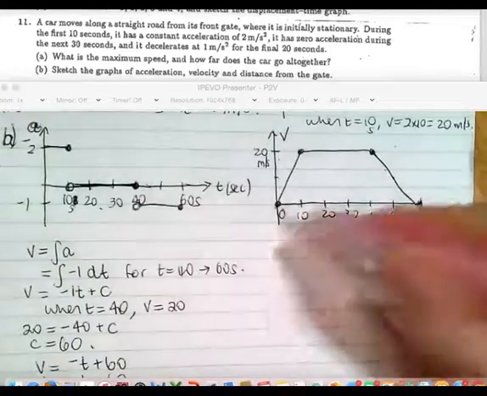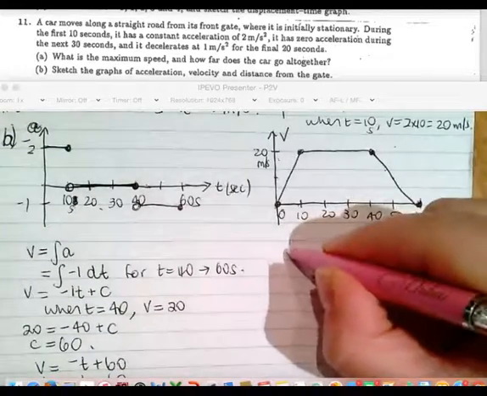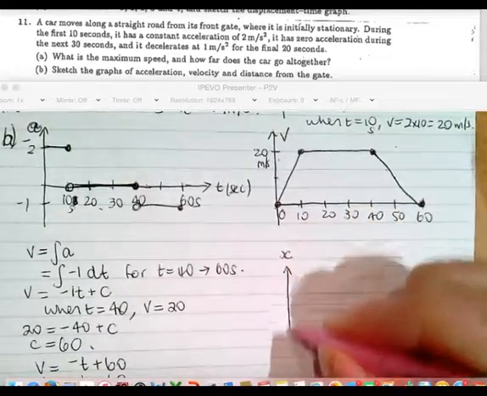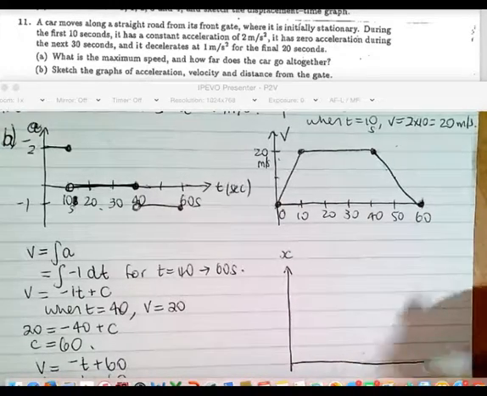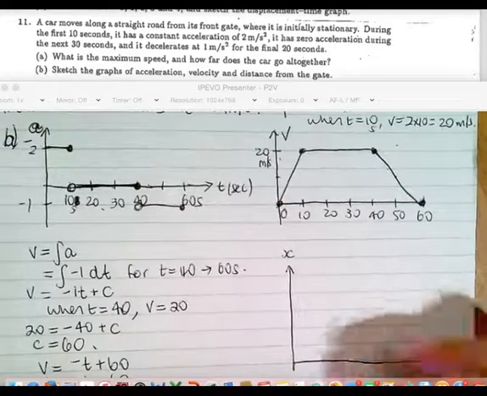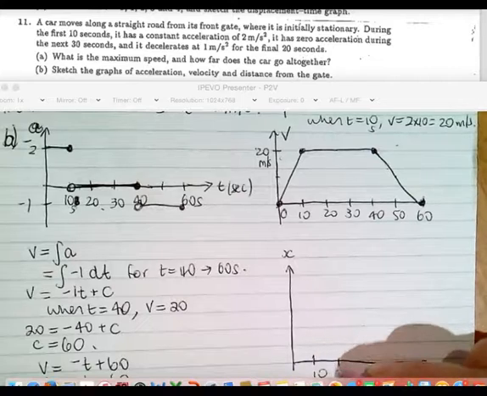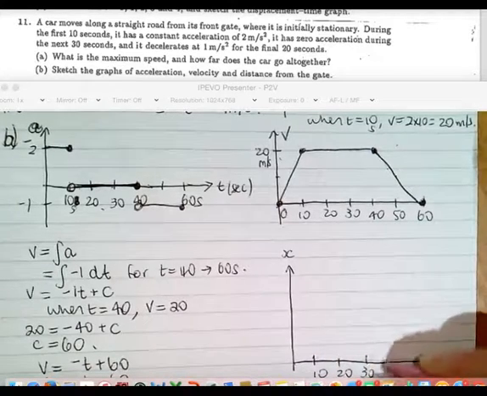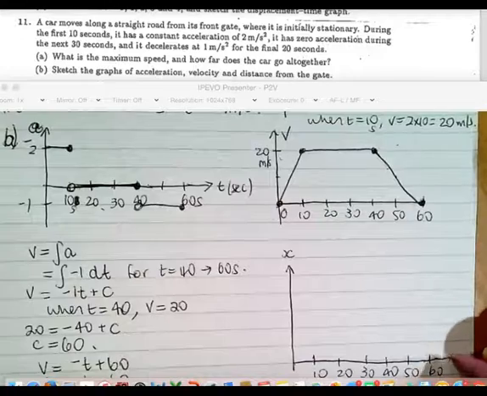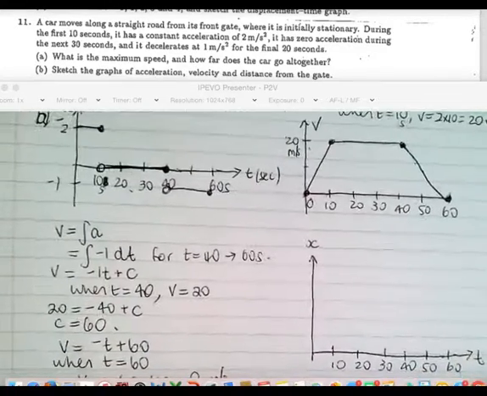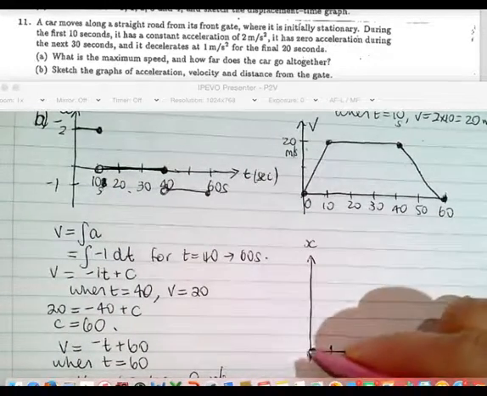All right, now I have to draw the displacement curve and show where the particle is. Now we know that initially at time 0, we'll just draw our times again. We know that when time is 0, x is 0.